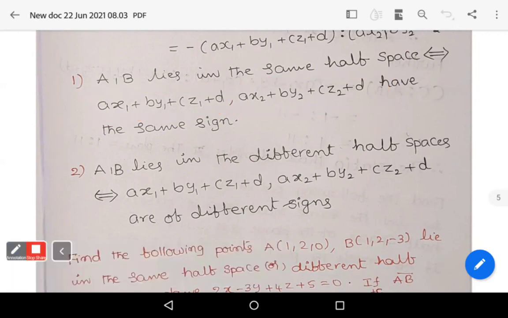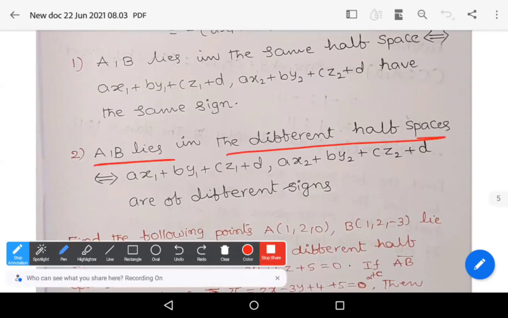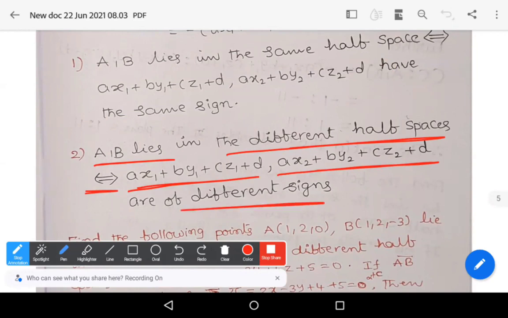And A, B lie in different half spaces if and only if ax1 plus by1 plus cz1 plus d and ax2 plus by2 plus cz2 plus d are of opposite signs.